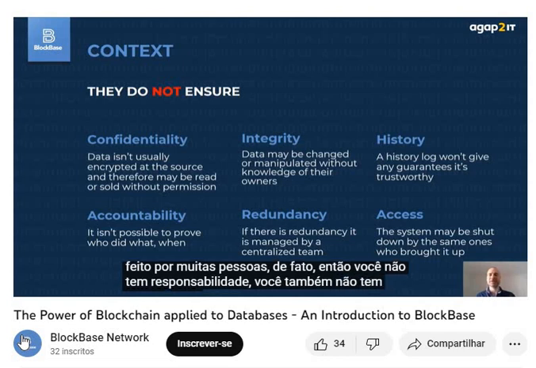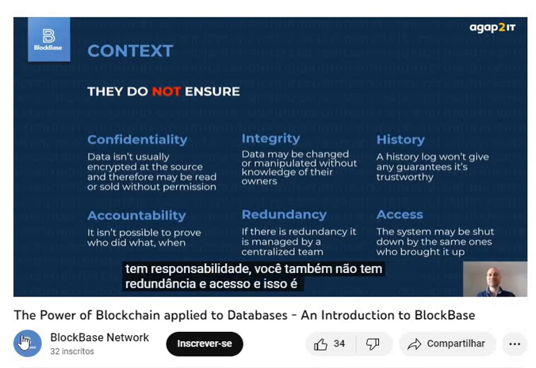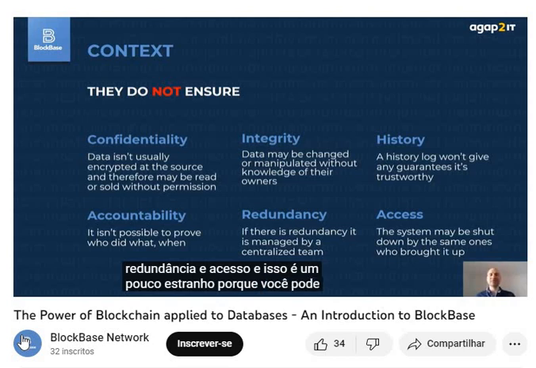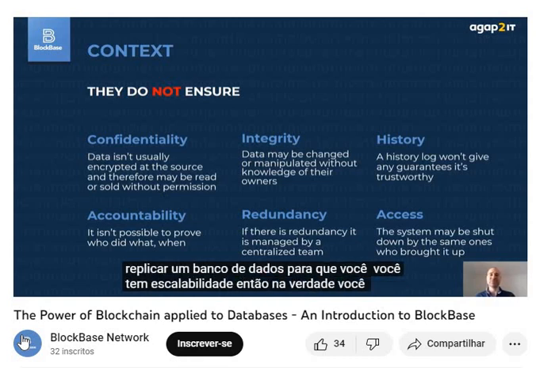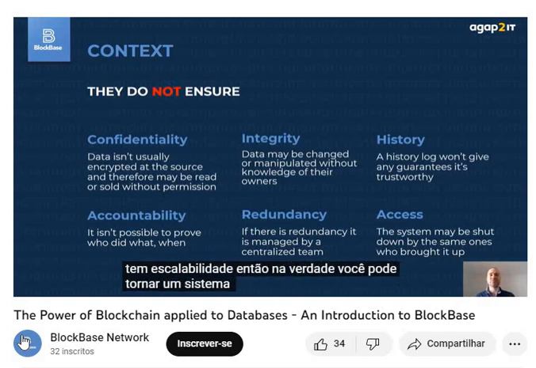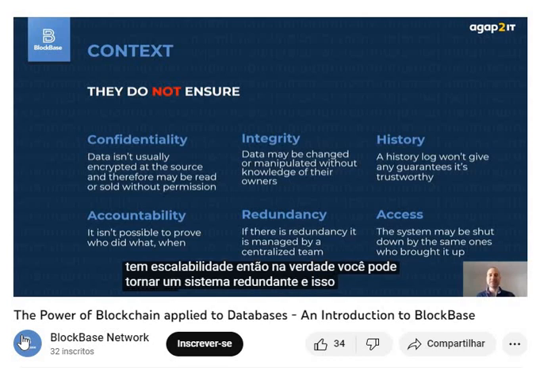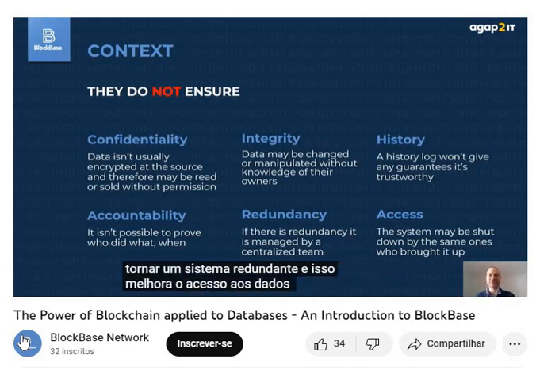You also don't have redundancy and access. And this is a little weird, because you can replicate a database. So you've got scalability. In fact, you can make a system redundant, and that improves access to the data. But the thing is, that redundancy and that access is done in a centralized way.